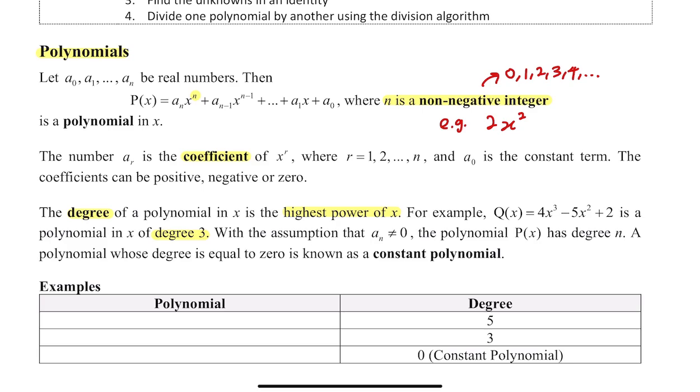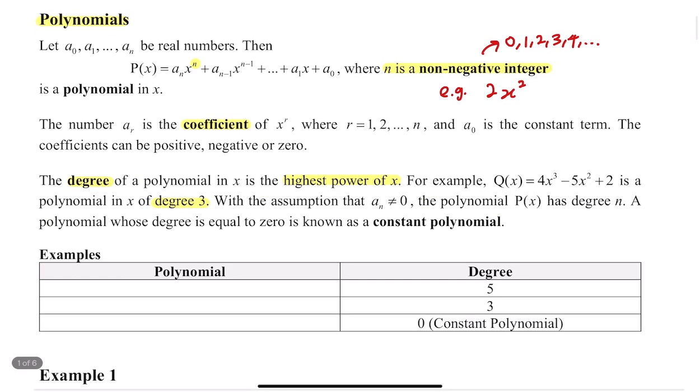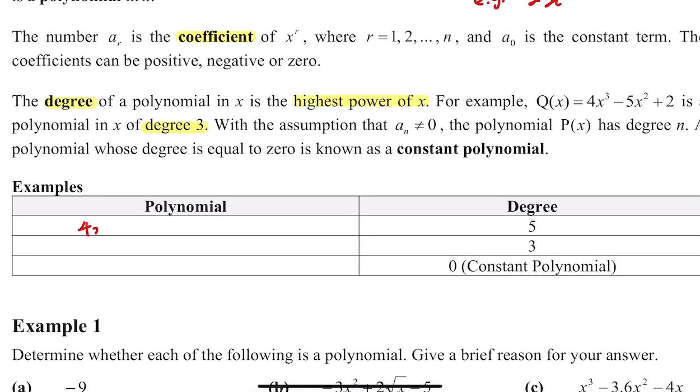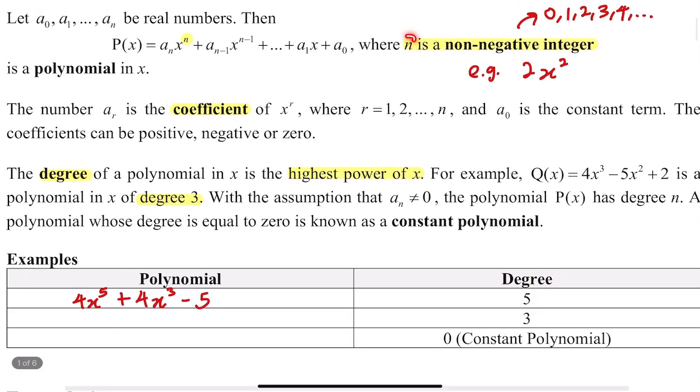So let's look at some simple examples. Say I want a polynomial of degree 5. It can be any polynomial. Let's say 4x^5 by itself is a polynomial. I can add different things as well. If I add plus 4x^3, this is also a polynomial of degree 5. If I add, let's say, minus 5, this is still a polynomial of degree 5, because all the powers are non-negative integers.